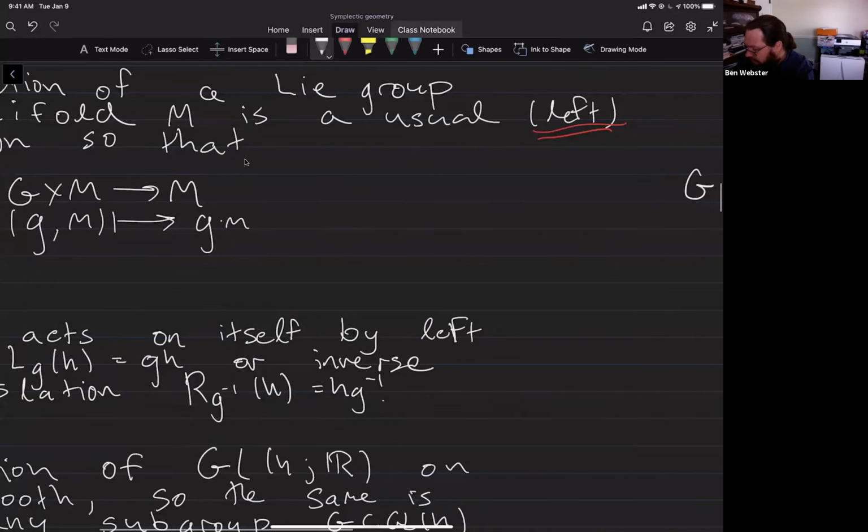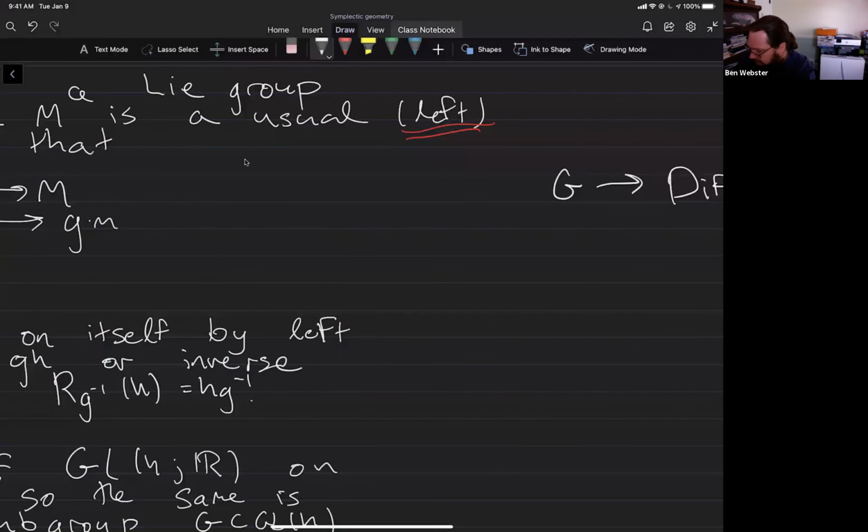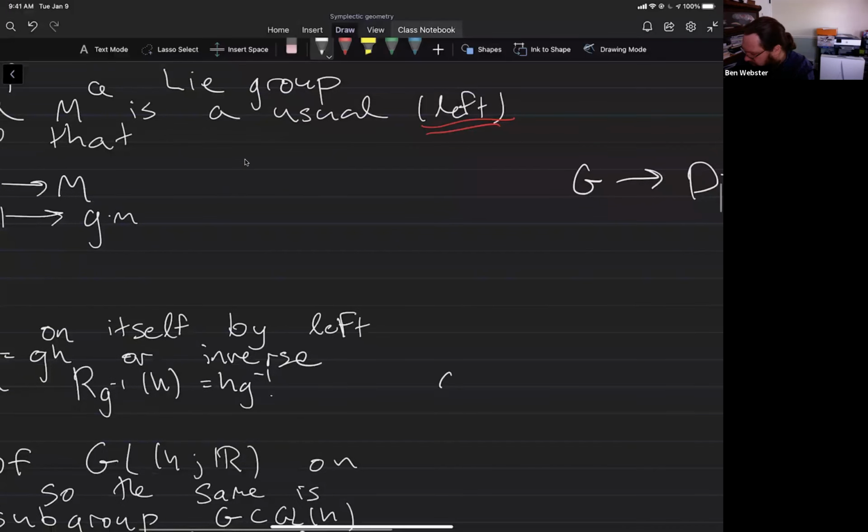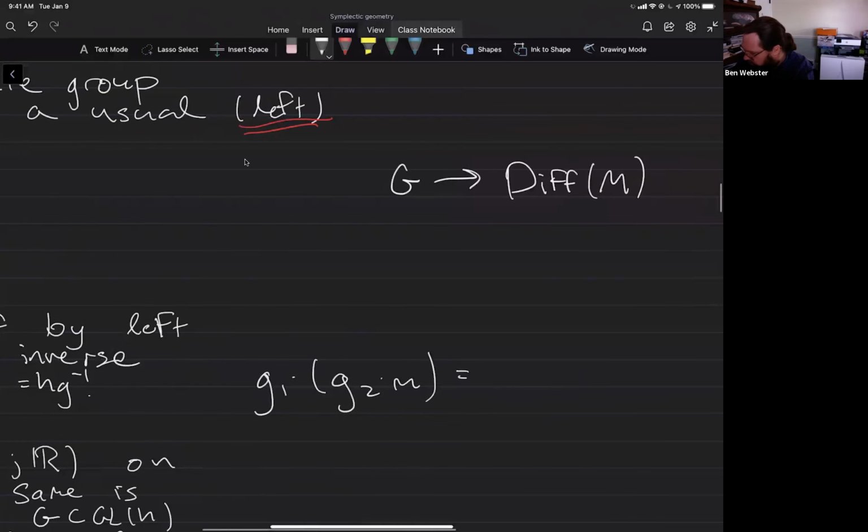And exactly the issue here is that I want g1 times g2 times m to be equal to g1 g2 times m.